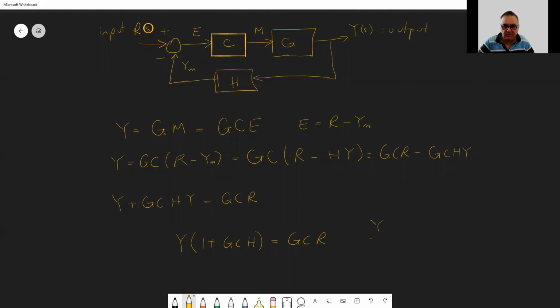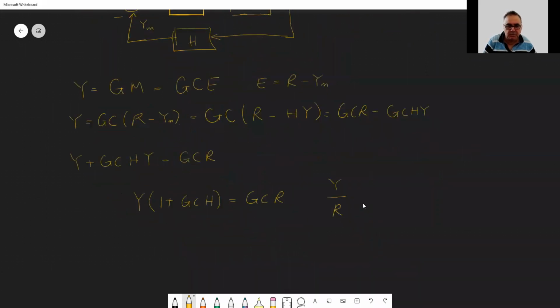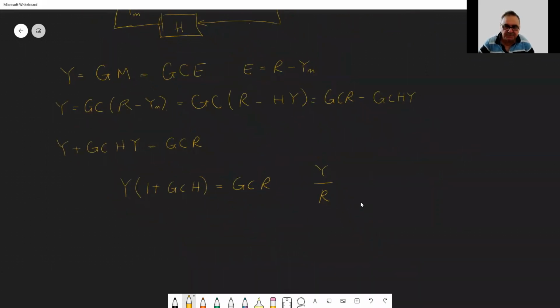So you can say that Y over R, which is the closed loop transfer function of this system, by the way, is GC over 1 plus GCH, as you see. This is the closed loop transfer function.